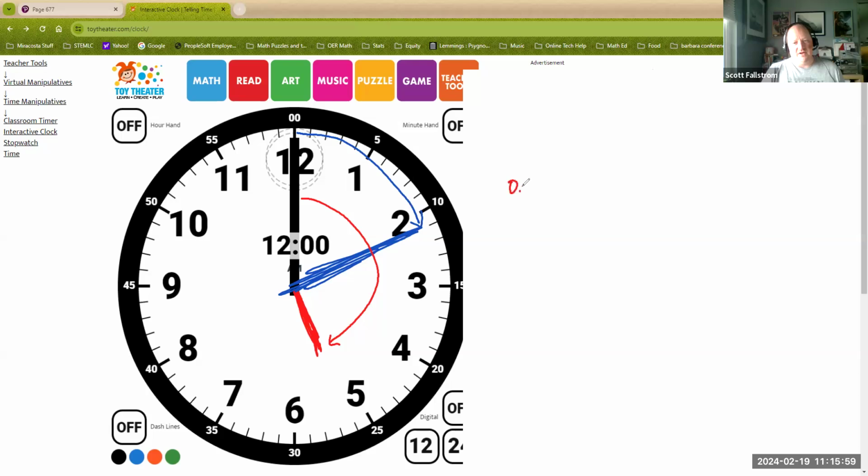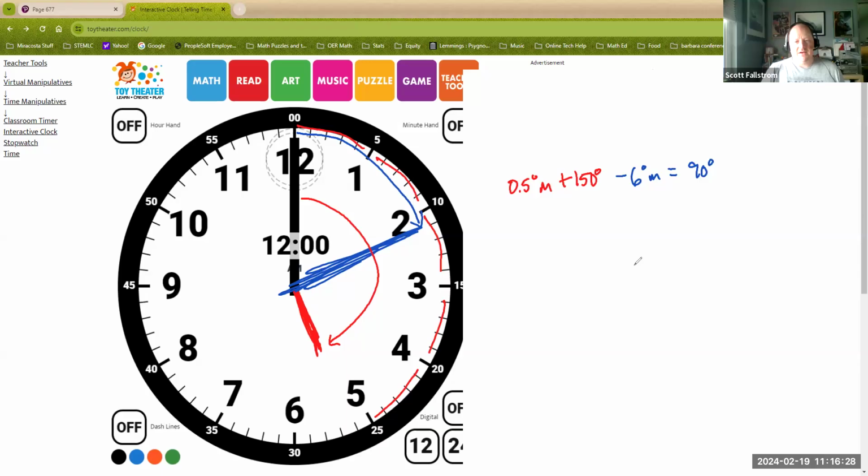The red would be half a degree per minute plus the head start, because it got down here to the 5. So that's 30, 60, 90, 120, 150, plus 150. So there it is: 0.5M plus 150, minus the other hand, minus 6 degrees per minute, is equal to 90 degrees.